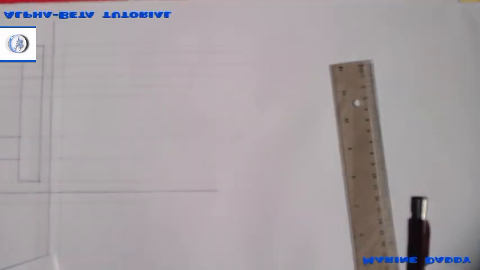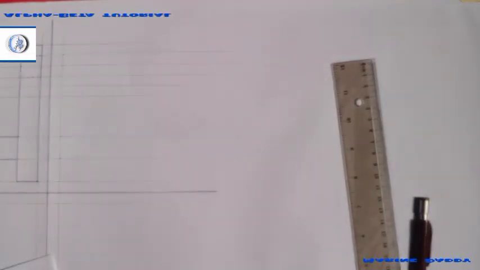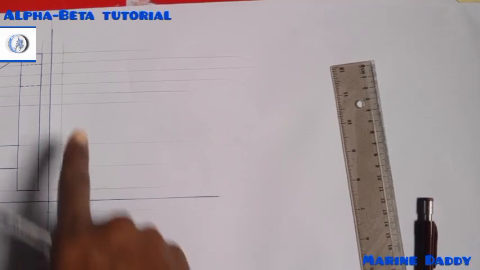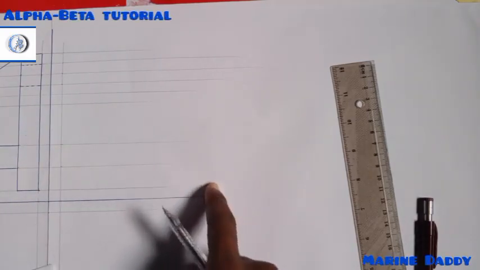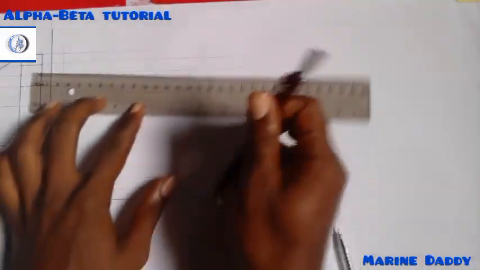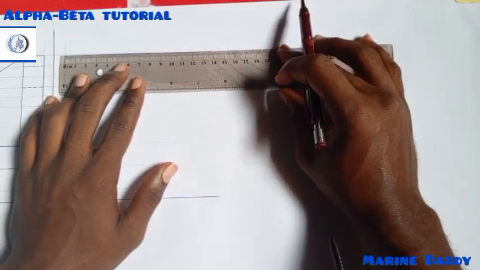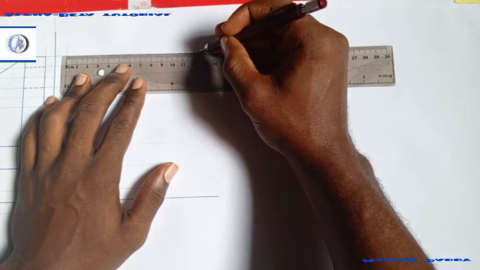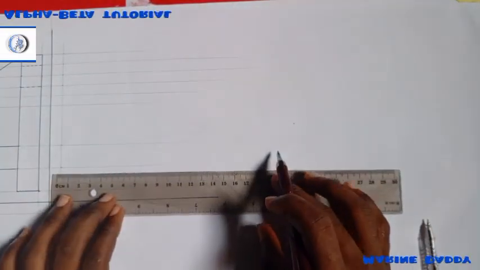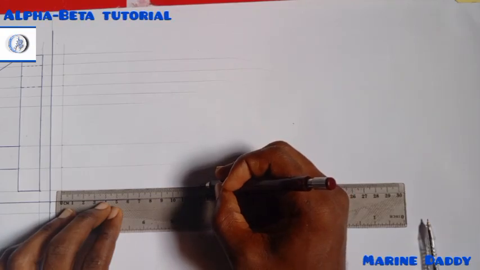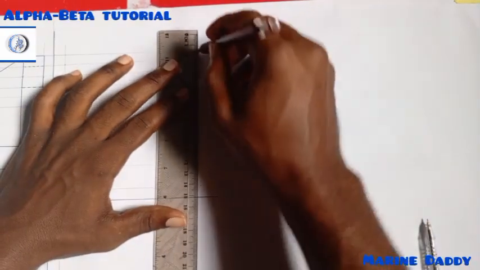So 125 here, here, here, and here, which I'll be doing now. So 125, 125, 125 here, and close it.